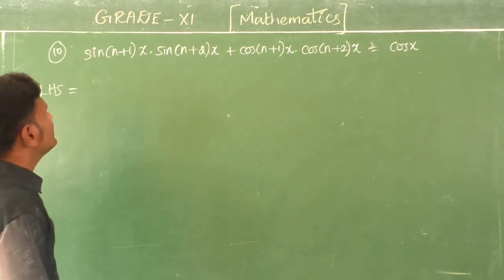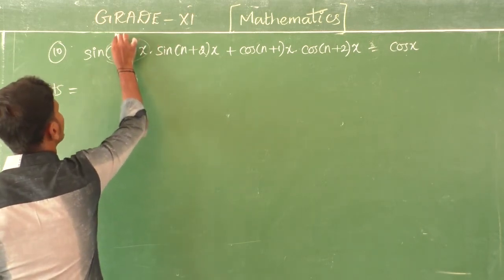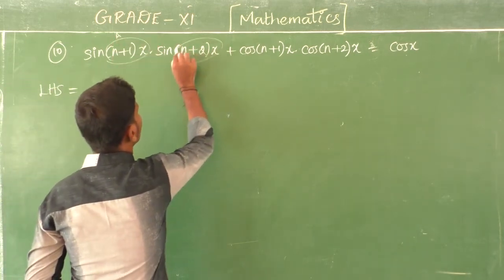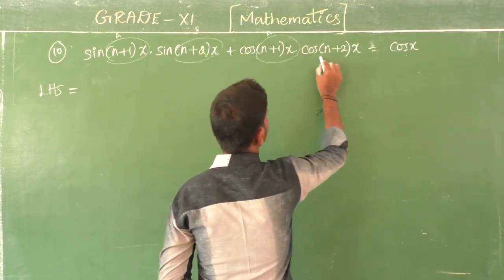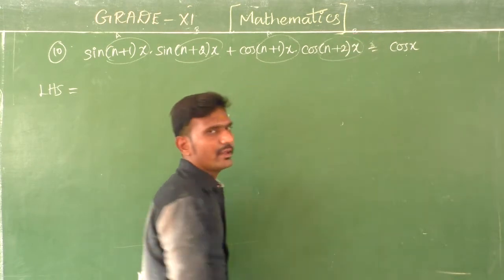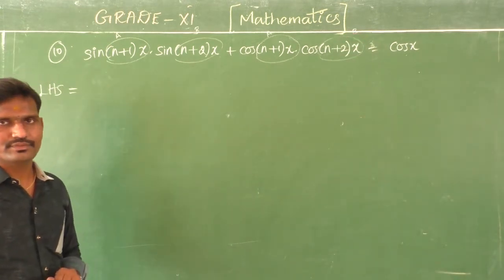Okay. Now see what is given. So this fully you have to consider as A, and this fully as B, and likewise this is A and that is B. Okay. If you feel this one is a very big expression, you have to convert it into this. Okay.